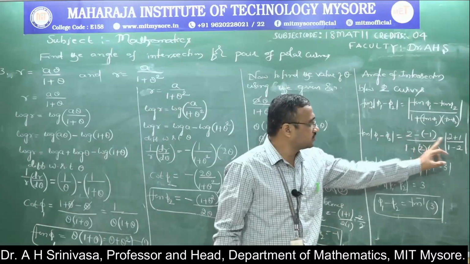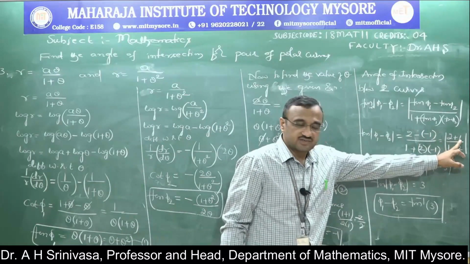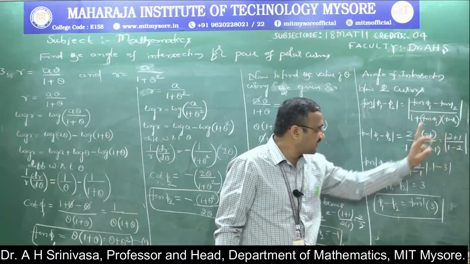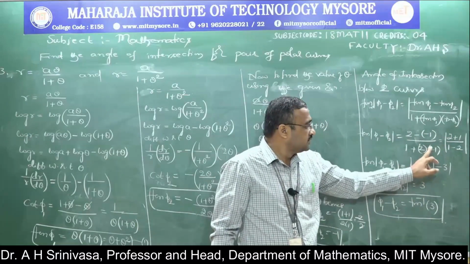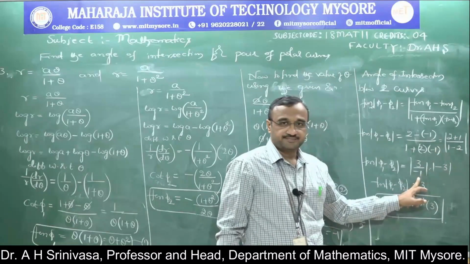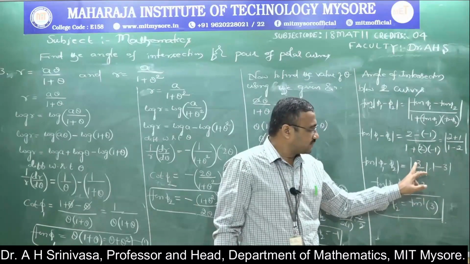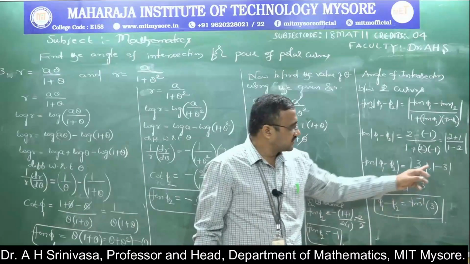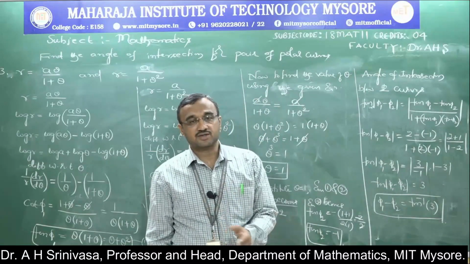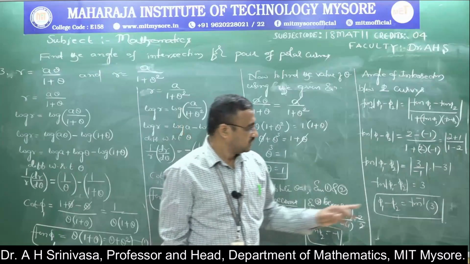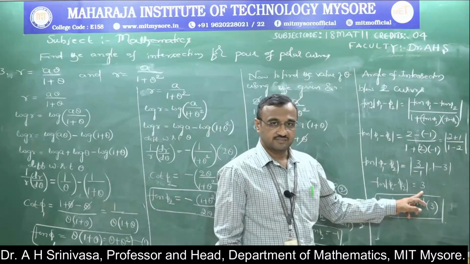Minus of minus becomes plus, 2 plus 1, 3. Then all divided by 1 into minus 2. The product of these two is minus 2. Then 1 minus 2 is minus 1. Plus divided by minus is minus, so we get minus 3. We are considering only the absolute value, so the negative also becomes positive. Finally we get 3.